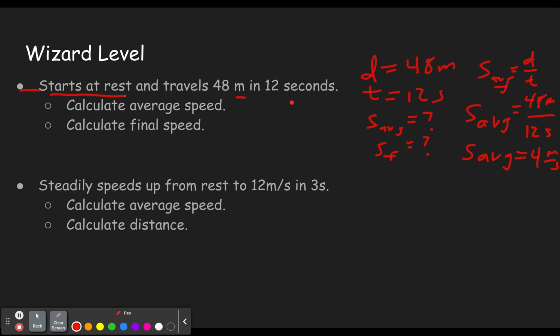Okay, so therefore, we know that the final speed equals twice the average speed. And so we just plug in 2 times 4 meters per second, and that gives us 8 meters per second is the final speed.